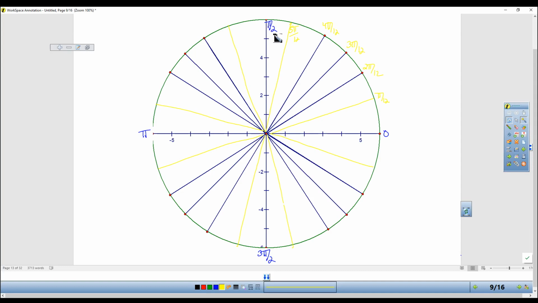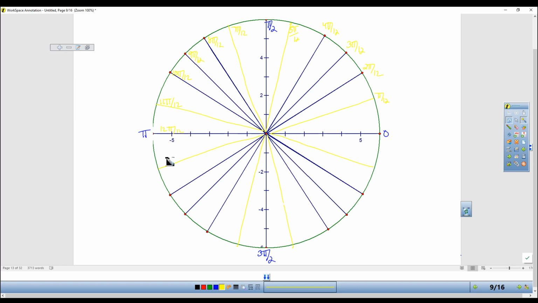So this one's 6/12. 6/12 is the same as 1/2, so I'm not going to label that one. 7 pi 12ths, 8 pi 12ths. I know. All right, some of you are already bored. 10 pi 12ths, a little faster, and 11 pi 12ths. And this one is 12/12, which is 1 whole.